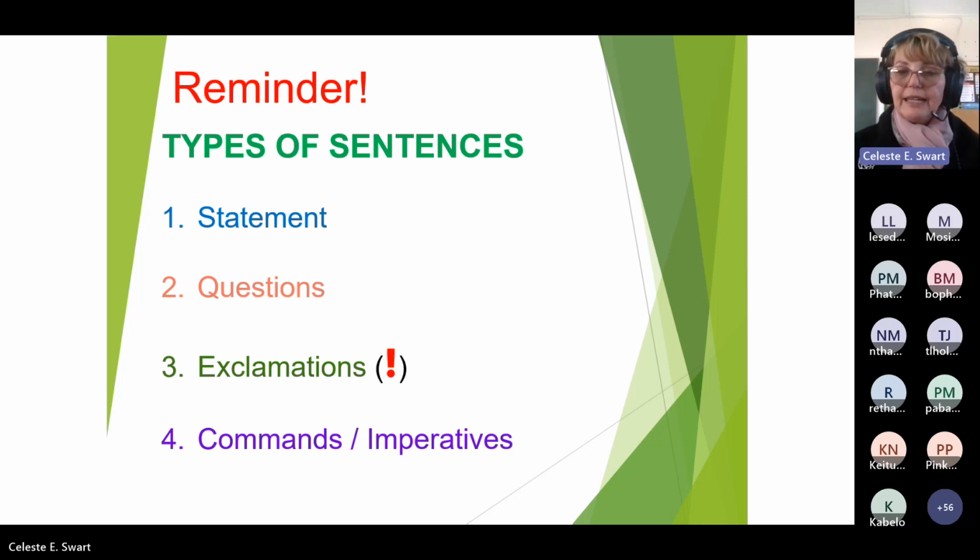We have looked at sentences that are statement sentences. There are questions, exclamations, and commands or imperatives. Just a reminder, I did say before, remember the word imperatives because that is the one that is going to be used the most. That's usually what they refer to.